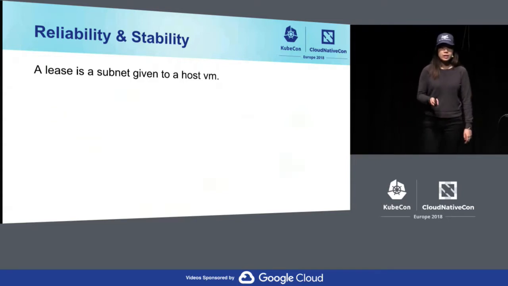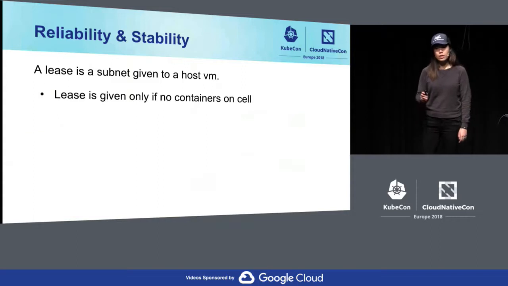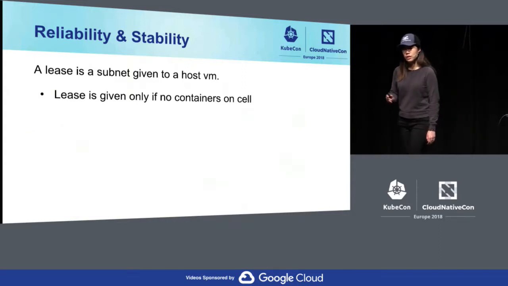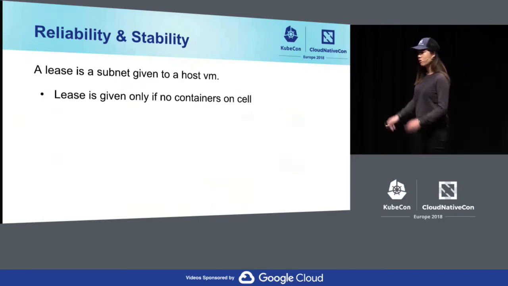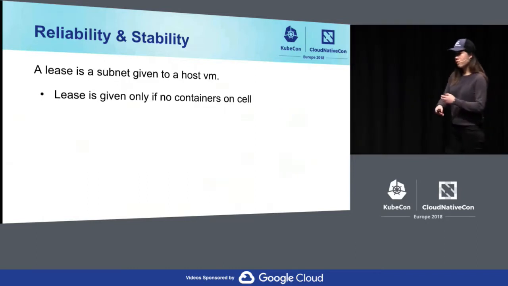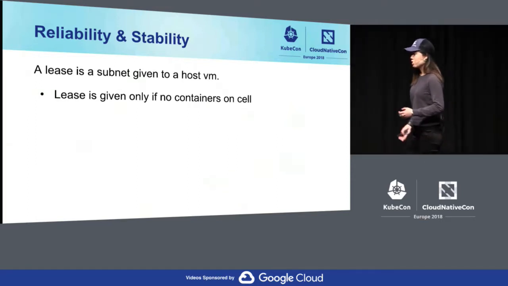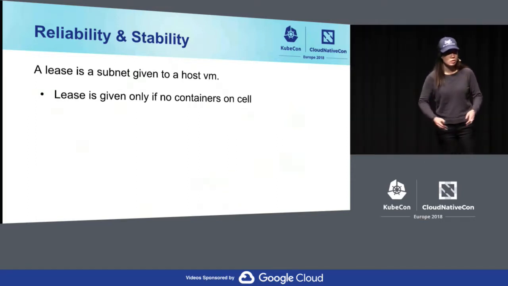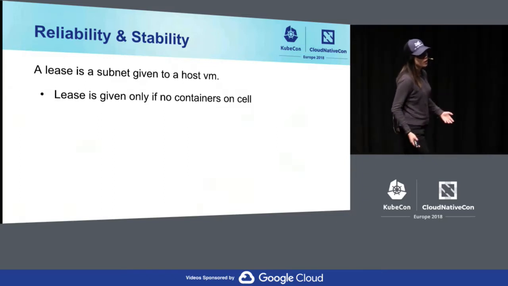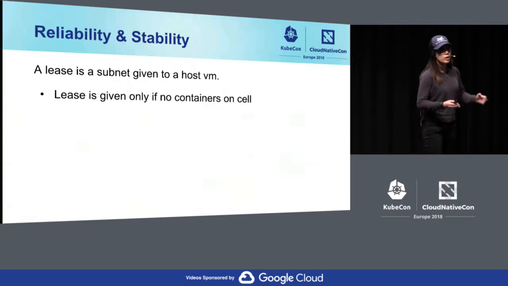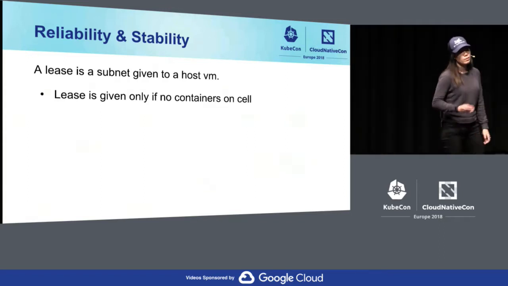And so the first design consideration we decided to do around leases was that a lease is given only if there are no containers on the cell. And the reason we did this is because you can imagine a use case where you have containers on the cell that have some container IP, and Silk daemon needs to acquire a brand new lease for some reason or another. Maybe there was a network partition and it comes back up and the lease it had before, the subnet it had before, it can no longer acquire. So it asks the Silk controller for a new subnet lease.